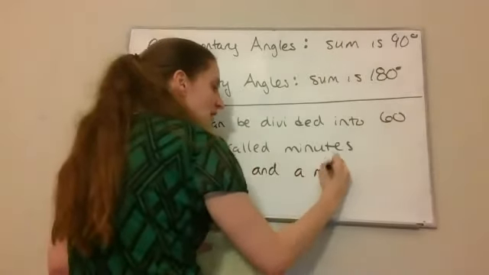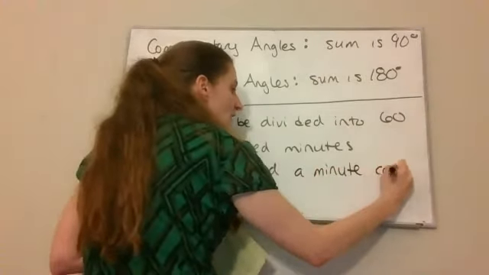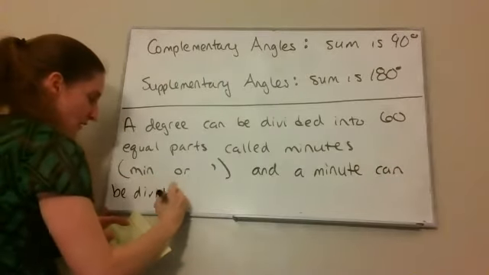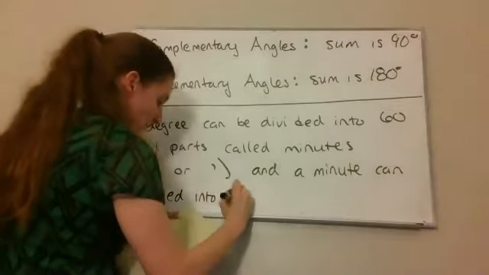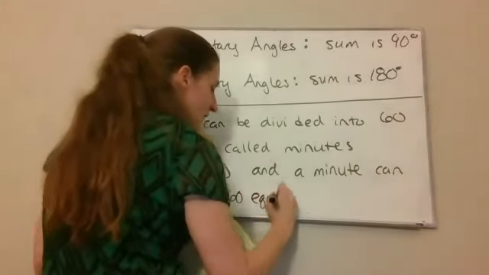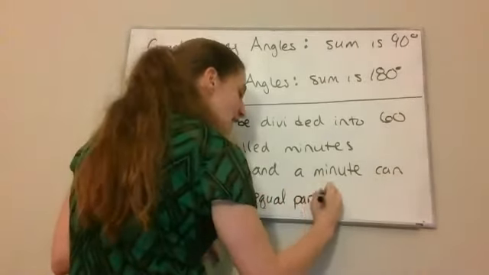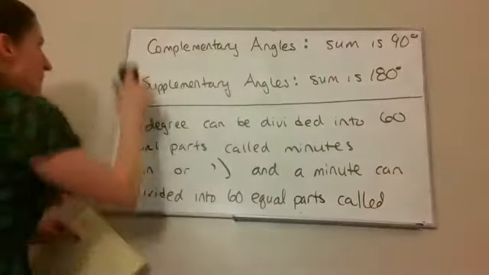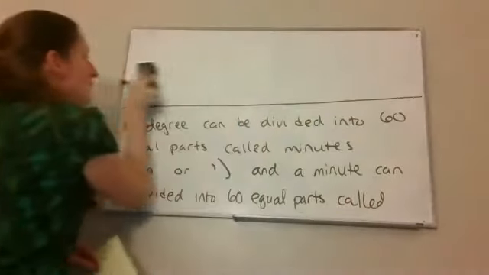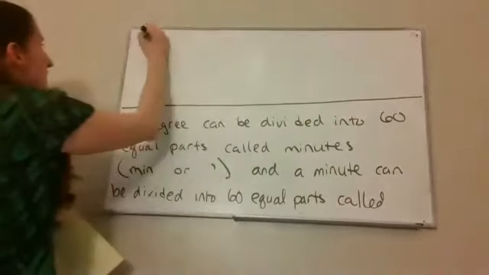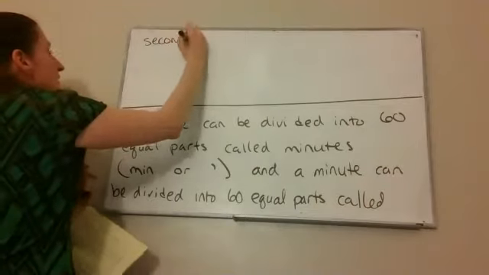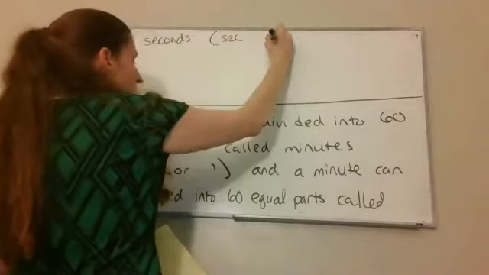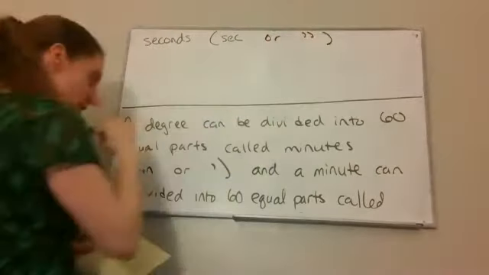And a minute can be divided into 60 equal parts called seconds, which we abbreviate by just SEC or a double apostrophe.